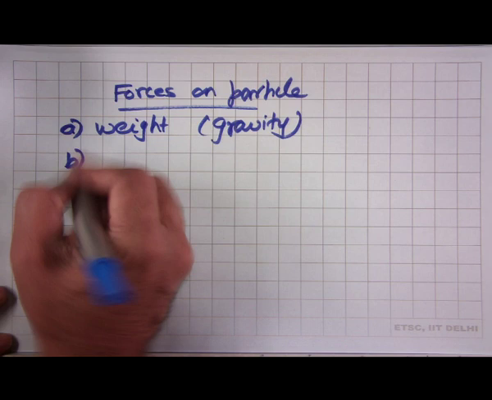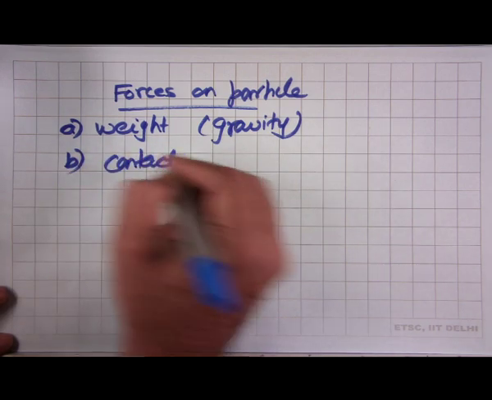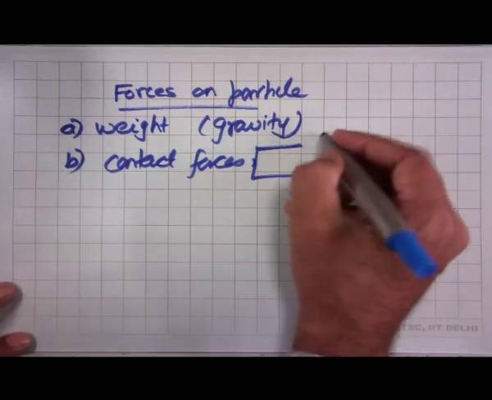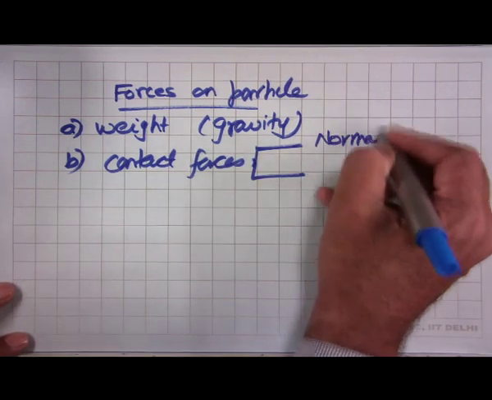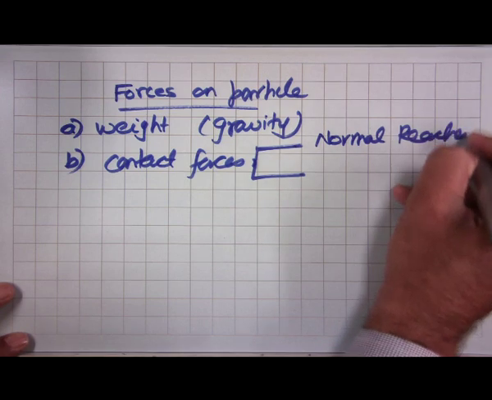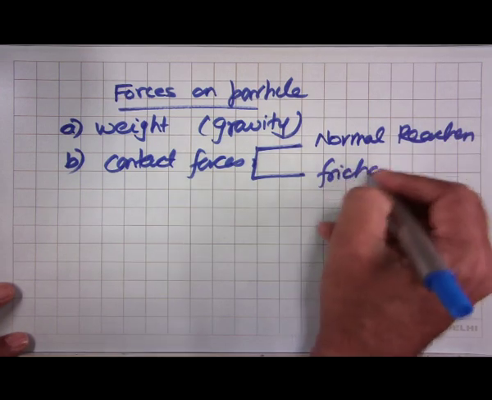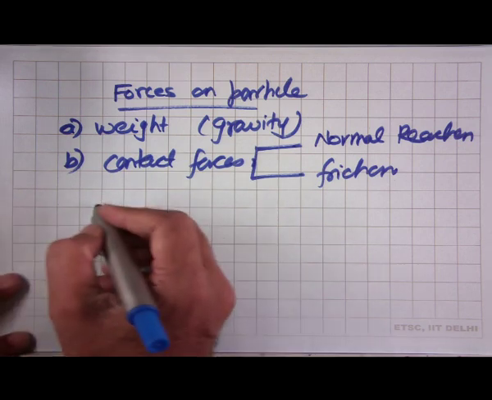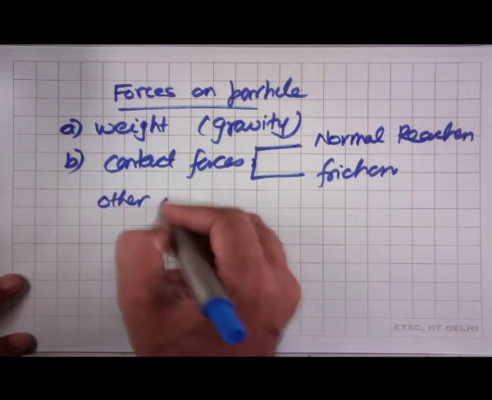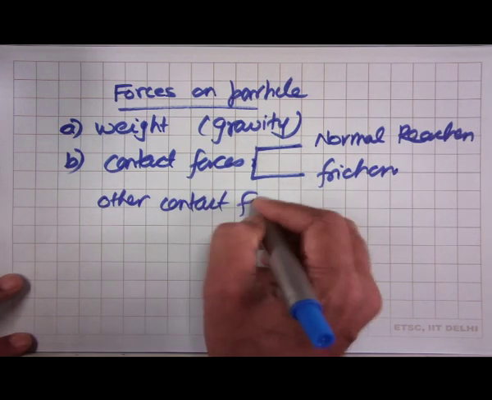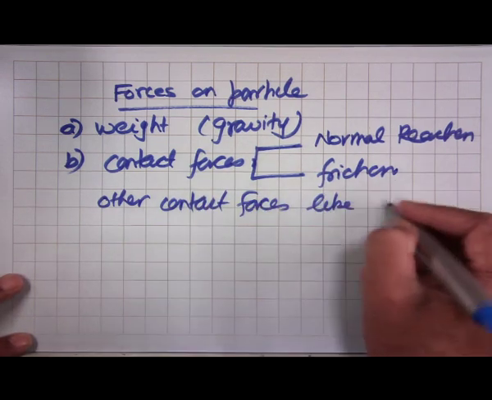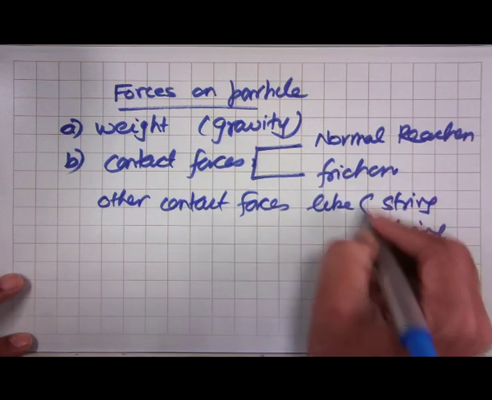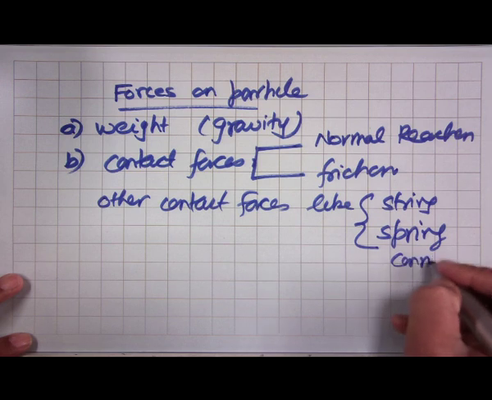Then we will have some contact forces, and these contact forces we divided in two parts, a normal reaction and friction if this is a solid in contact with another solid, and we could have other contact forces like a string or a spring which is connected to a body, connected to a particle.